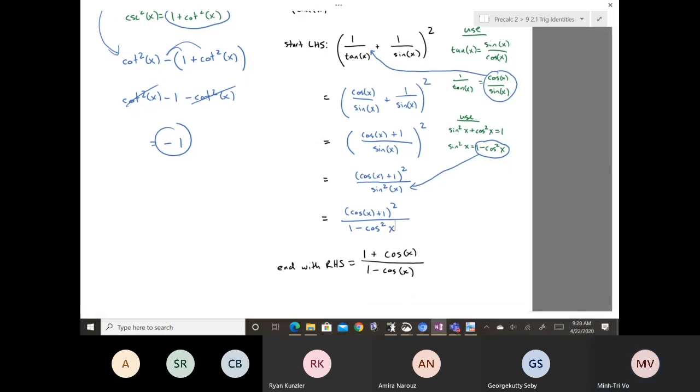So I'm almost there, right? I have this and this. So now how do I simplify this to look like the final result? So in the denominator here, it might not look like it, but what do I have? I have a difference of squares.